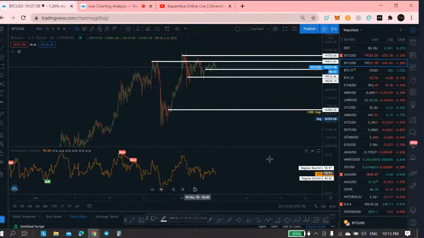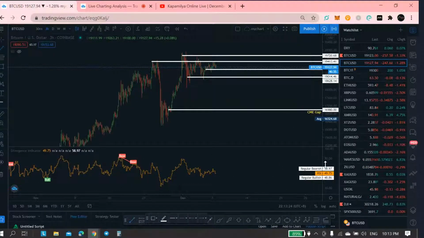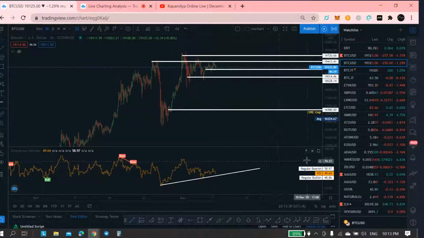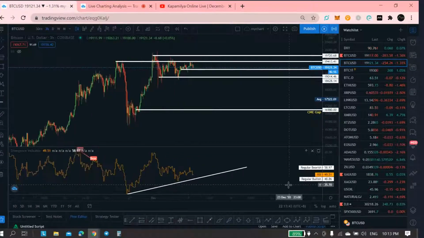For BTC, since the RSI is at the middle, normally I don't trade at these areas. So I'll just wait for it to move above the regular bearish or below this bullish area.